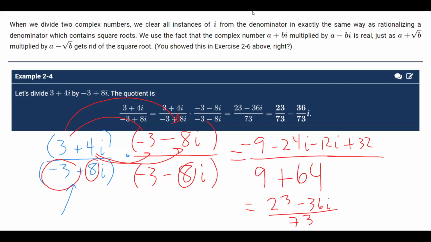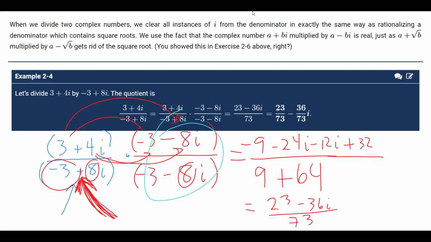Wait, when you multiply the red fraction, why is it minus 8i, not plus 8i? Because I probably made the same mistake. Oh, hold on a sec. Can you circle what you're talking about? Oh, why isn't it plus? Do you see how what I'm showing you here is a plus? In the denominator, the original question has a plus.